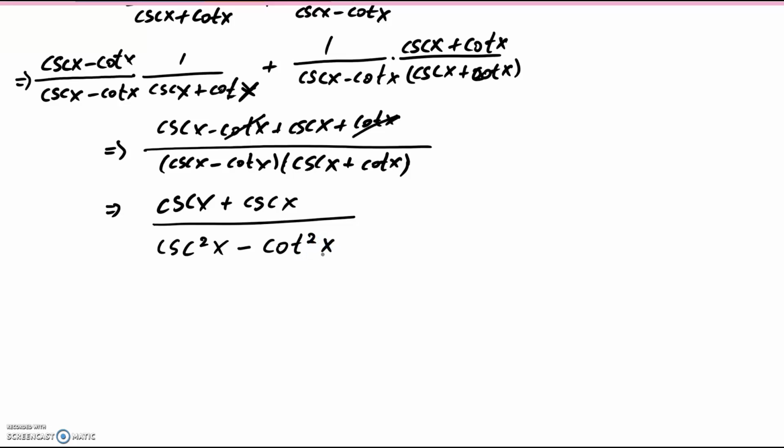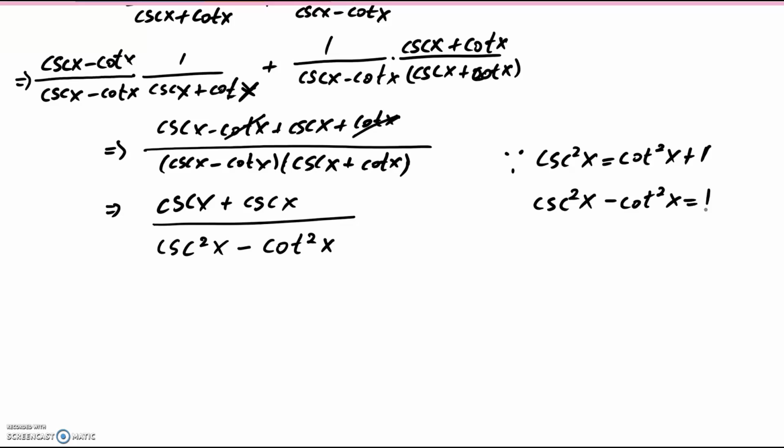Now, again, the identity we just used, the Pythagorean identity: cosecant squared x equals cot squared x plus 1. If I rearrange this identity, it's cosecant squared x minus cot squared x equals 1, right?